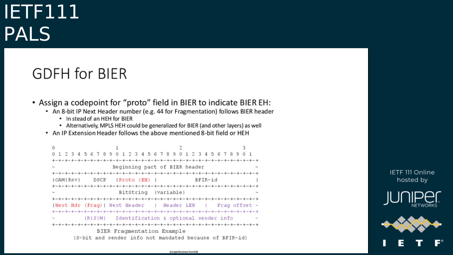When the protocol field is set to that code point, it means that after the regular BIER header, there is this extension header following. We can either start with something like the MPLS extension header, or we can simply use an 8-bit number to indicate what that next header is.